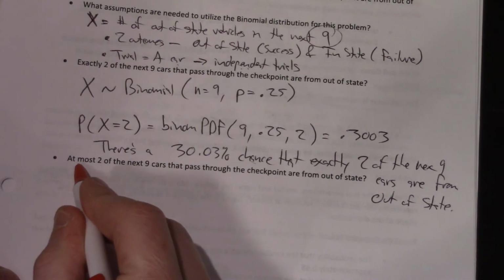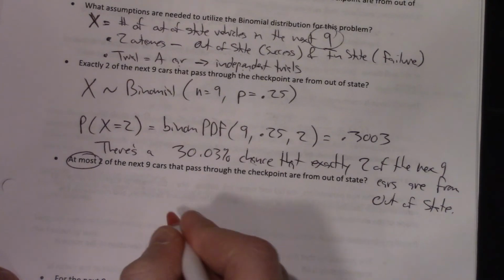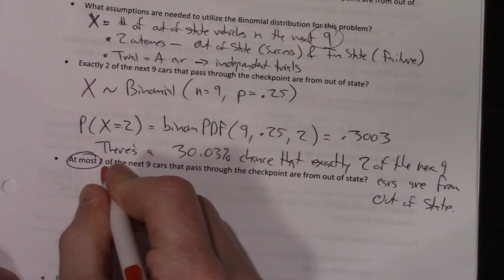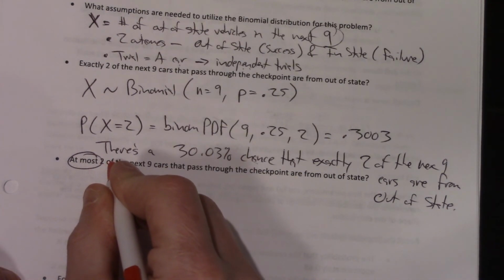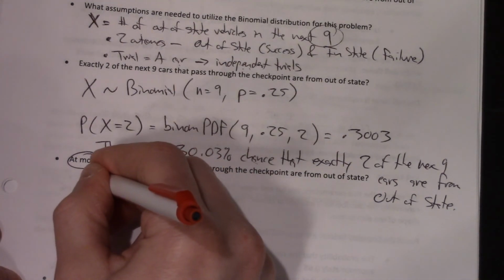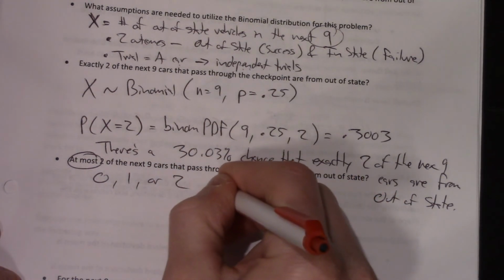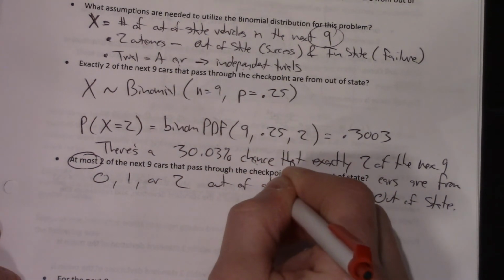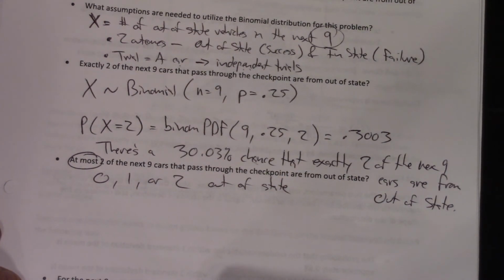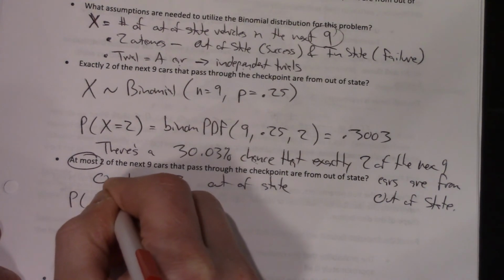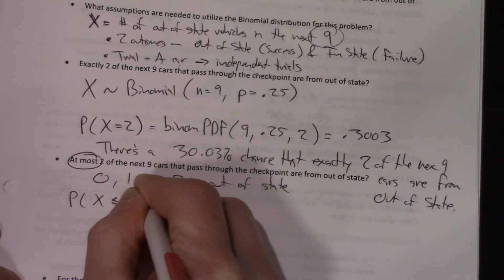What's the probability that at most 2 of the next 9 are from out of state? If we want at most 2, that means we want 2 or fewer. So we could have 0, 1, or 2 from out of state. What we're looking for is the probability that x is less than or equal to 2.